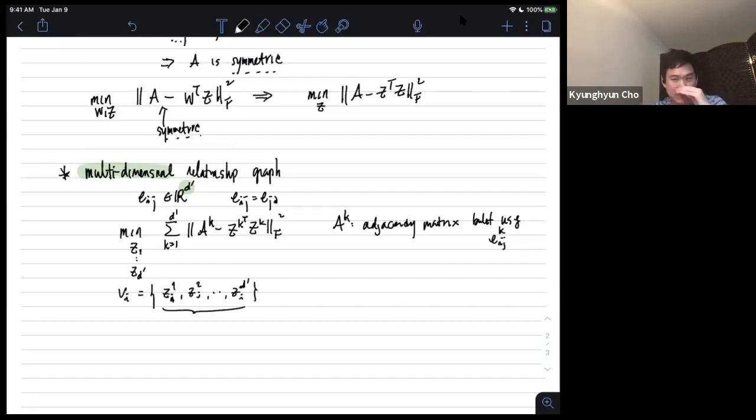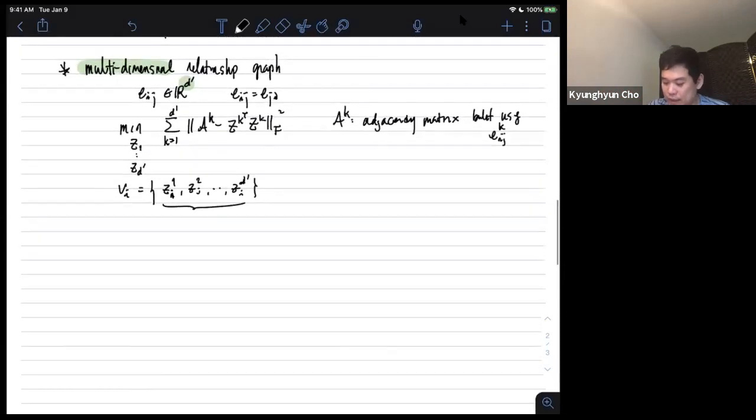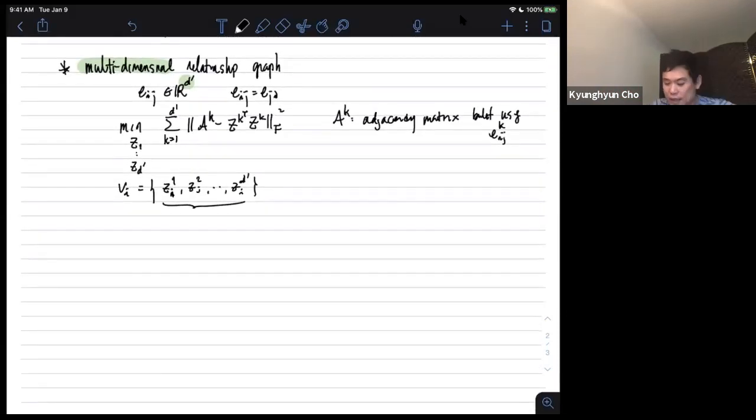How we tie them together, we actually learned how to tie them together. And it's just like running the matrix factorization once more, right? What it means is that we have all these z_i's, and I'm going to rewrite this as z_i1, and then I'm going to just concatenate them, z_i2, and then z_id'. So this is going to be my code matrix for the ith vertex.